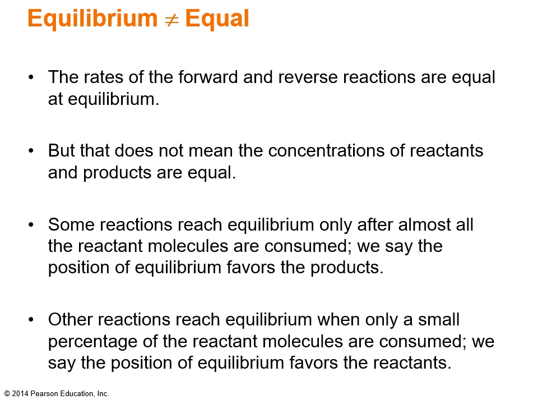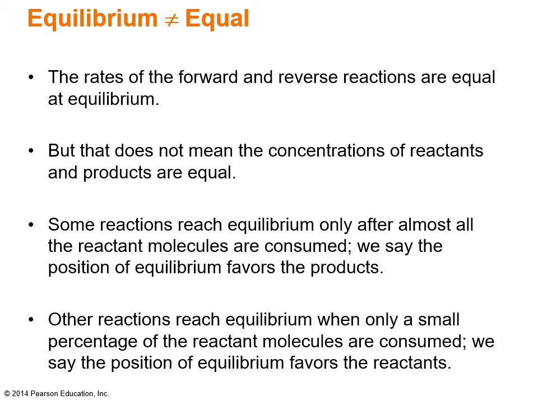But don't be fooled to think that equilibrium means that the amounts are equal. It just means that the rates of the forward and the reverse reactions are equal to each other. The concentrations of the reactants and the products do not have to be equal to each other.